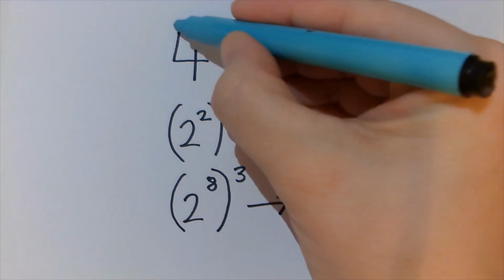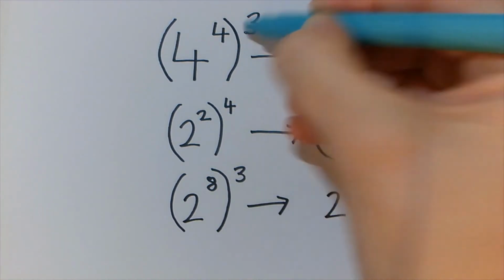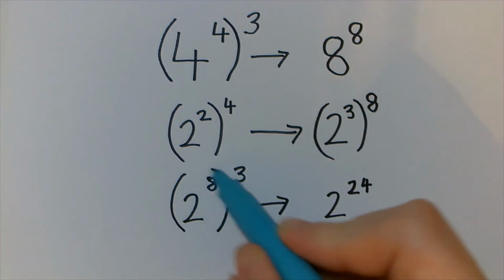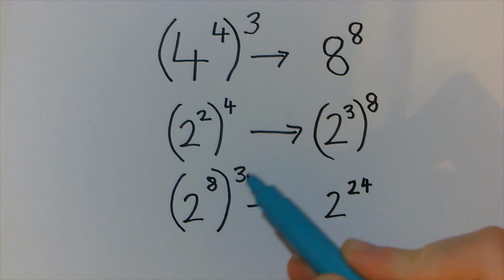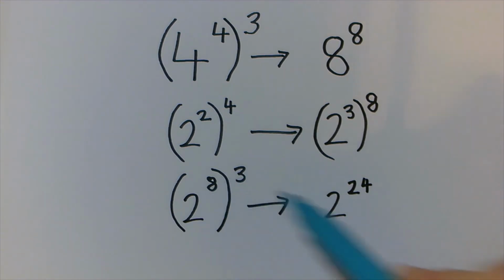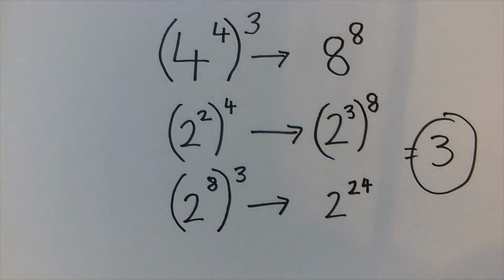Well actually, we should raise all of that to the power of 3, because all of that is secretly this, and raising that to the power of 3, we get 2 to the power of 24. So my answer is 3. Well done, and I hope to see you tomorrow.